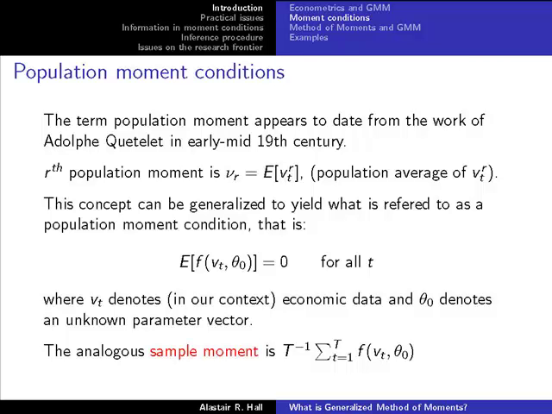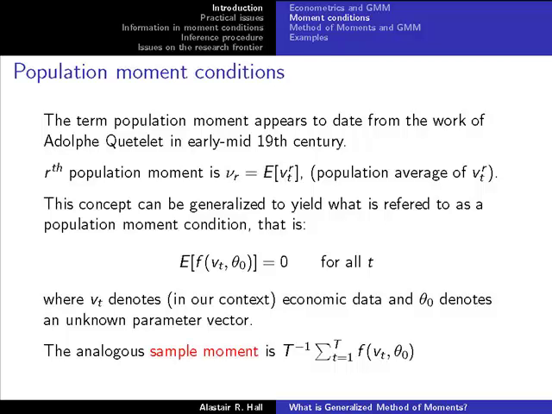If we have a random variable v, its Rth population moment is the expected value of v raised to the power r. Think of that as just a population average of v. This notion was inspired by ideas of centre of gravity in physics. And of course, as you'll be well aware, these moments reveal important aspects of a distribution, such as the first population moment, which is just the population mean.